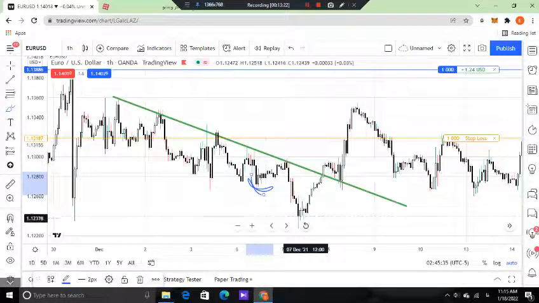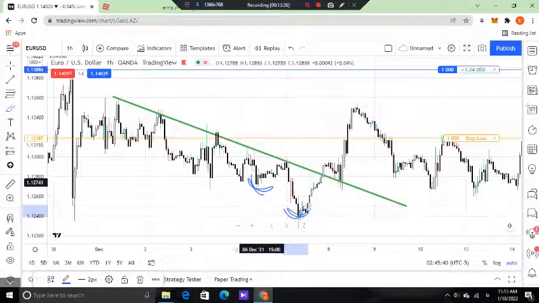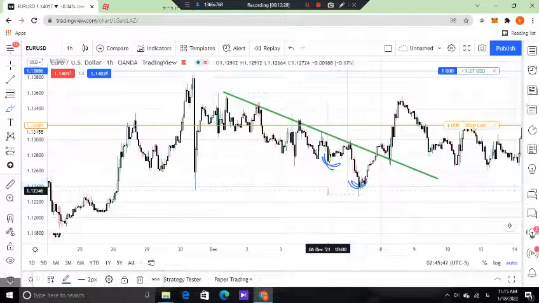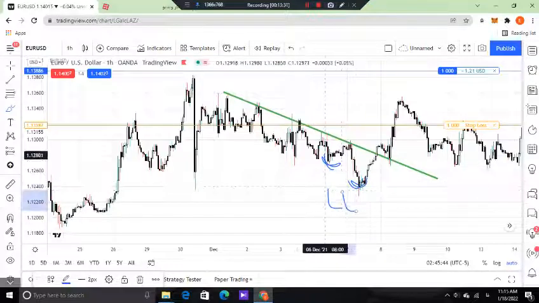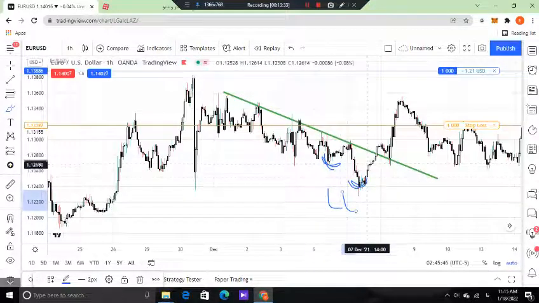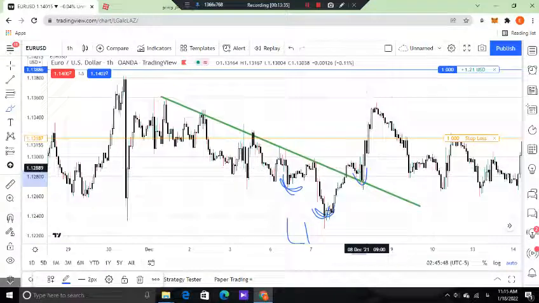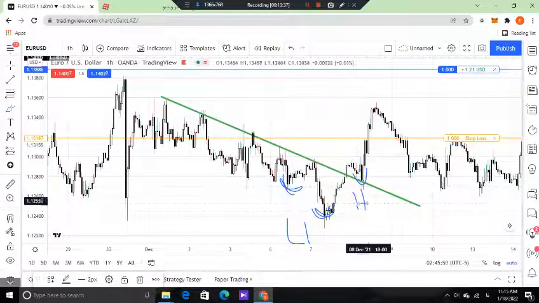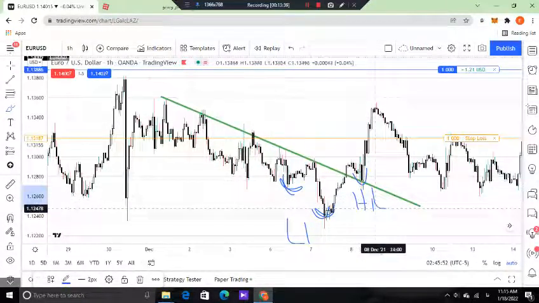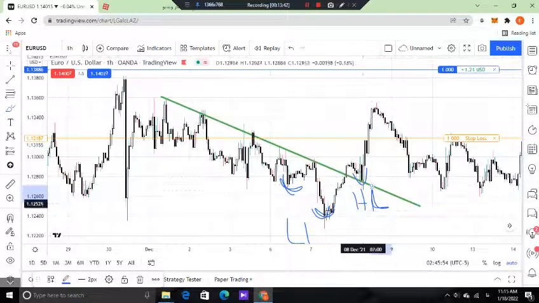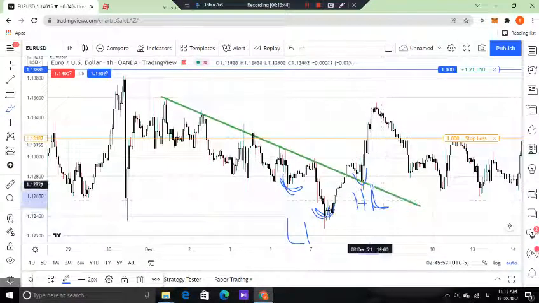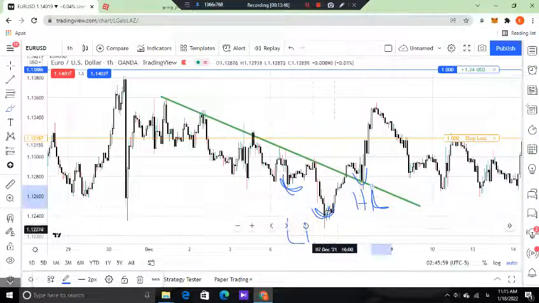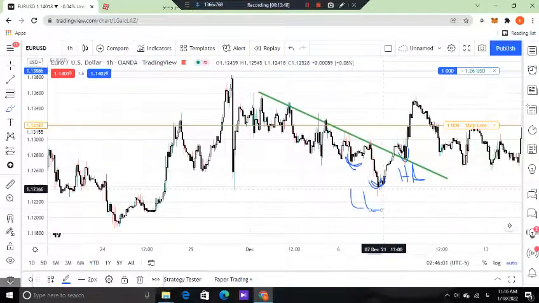We have this left shoulder, and this head is a lower low because it's lower than this, and this is a higher low because this low is higher than this one.